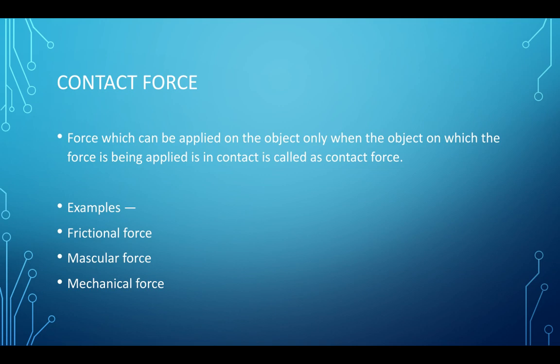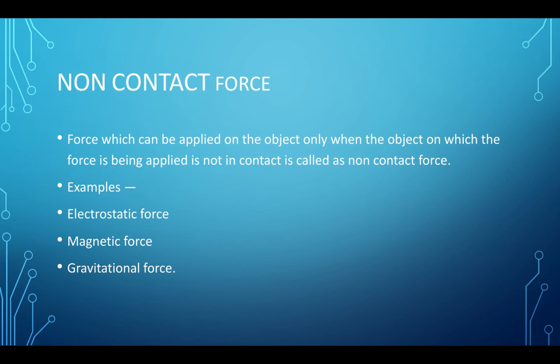When we want to stick any object to the magnet, the magnet attracts the object without being in contact. The object is not in contact with the magnet. So that is a non-contact force. We are going to learn about that in the next slide. But these are all examples of the contact force, and we are going to learn about them in detail in the next video, in part 2.